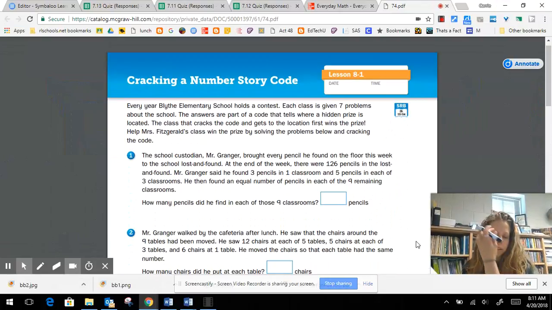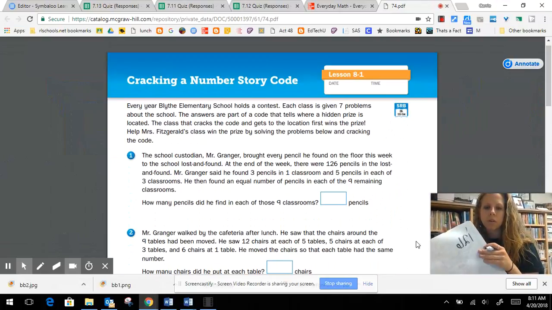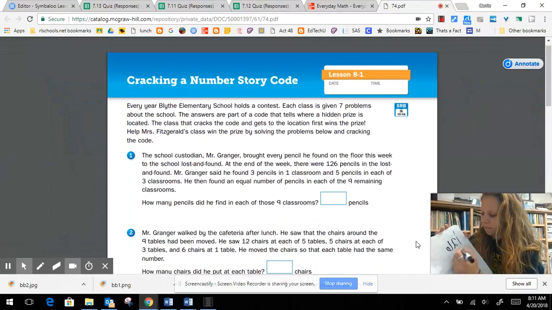So to solve this one, what you need to do is you need to figure out that there were 126 total pencils, okay? So 126 total pencils at the end of the week. He found 3 pencils in one classroom and 5 in each of 3 classrooms.